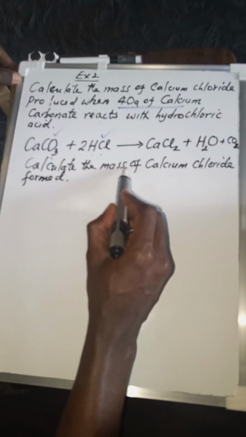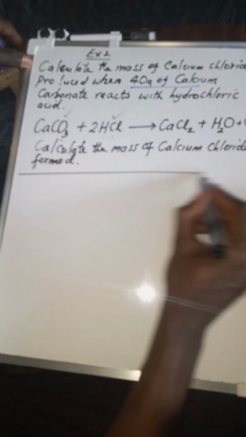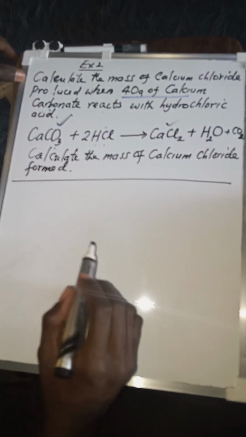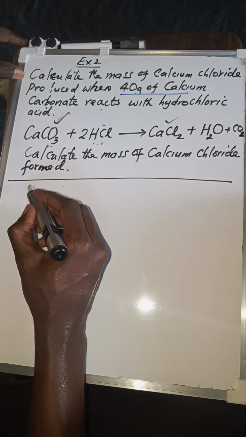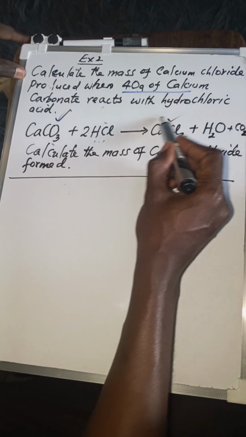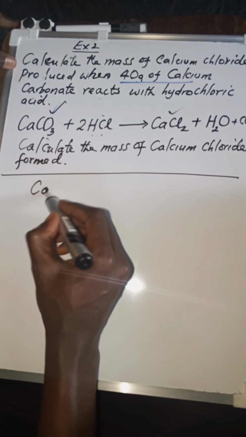It says calculate the mass of calcium chloride formed. So what do you do? Again, you are interested in calcium carbonate and also calcium chloride. From that balanced chemical equation, you need to find the total mass of calcium carbonate and the total mass of calcium chloride.